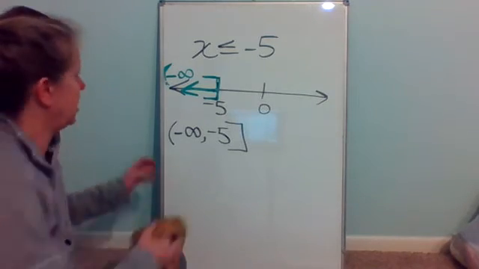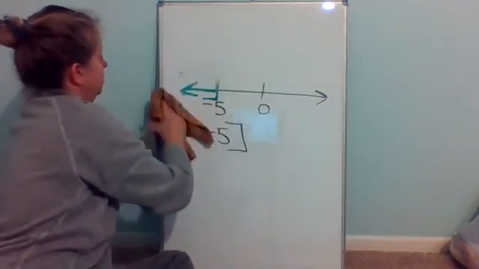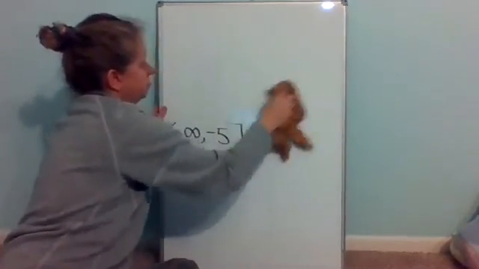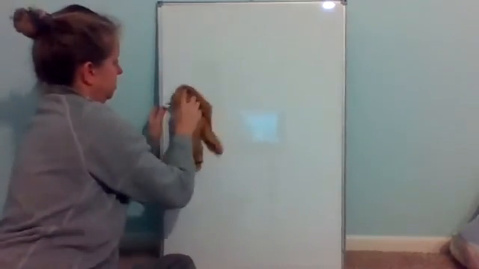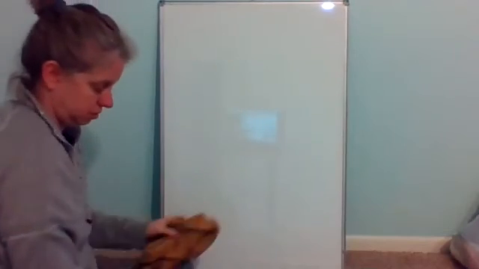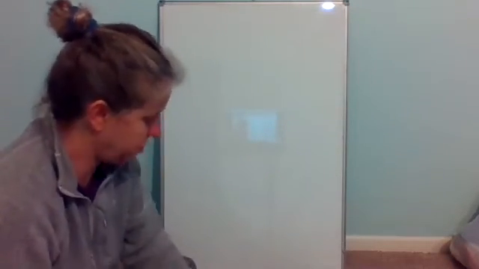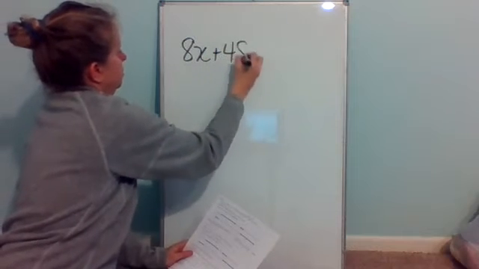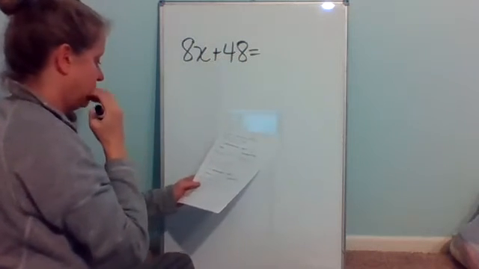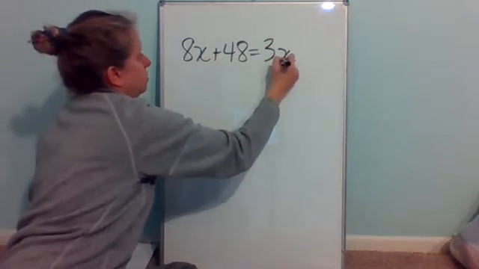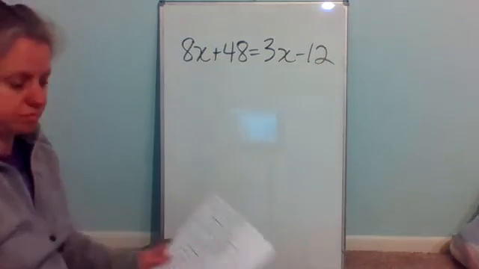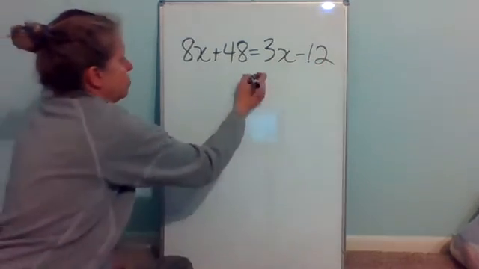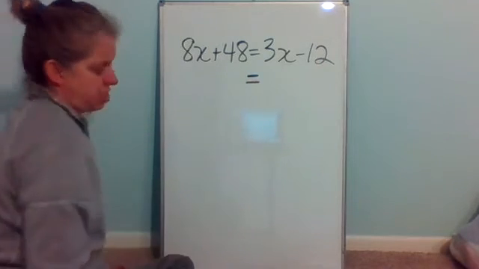All right, number 17. 8x plus 48 equals 3x minus 12. Okay, so again, here's my equal symbol, just solving a regular equation here.